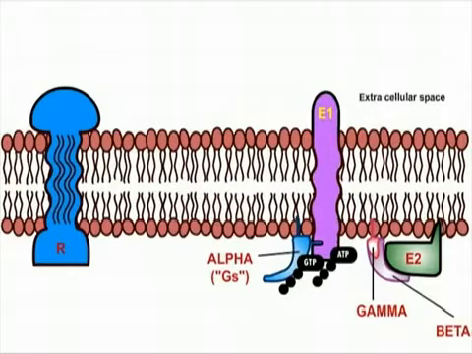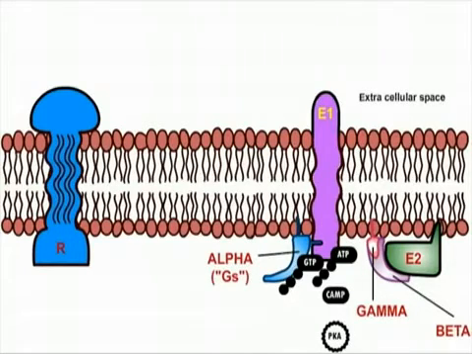The activated protein G-alpha then stimulates the primary effector adenyl cyclase to convert ATP to cyclic AMP or cAMP, which acts as a secondary messenger. cAMP will then interact and cause changes in the activity of the system's secondary effector or protein kinase A.